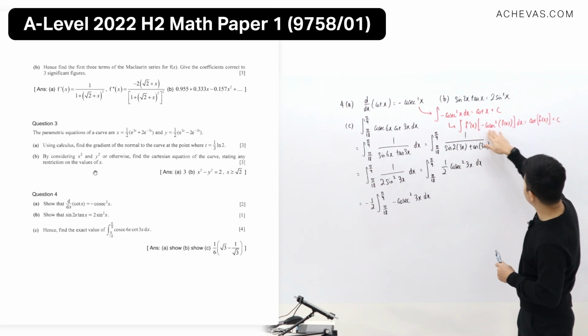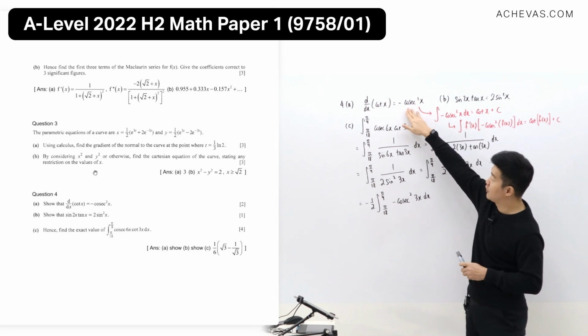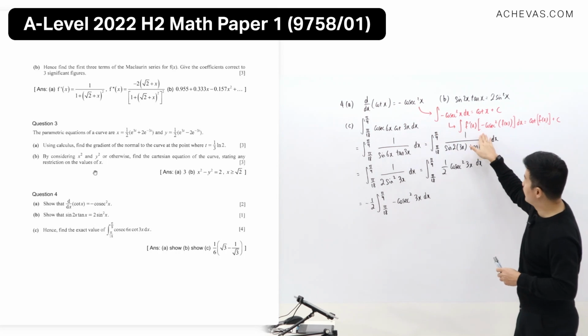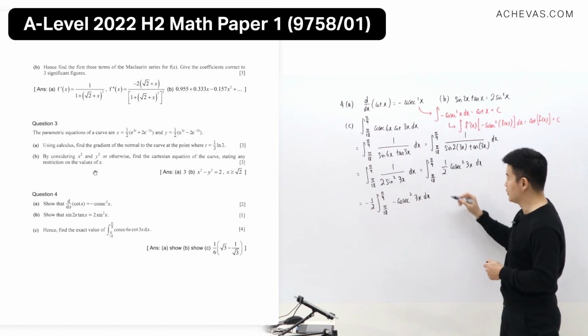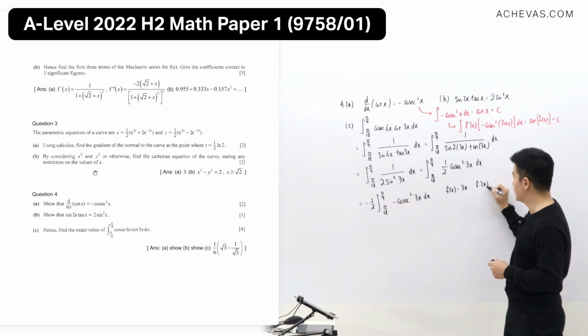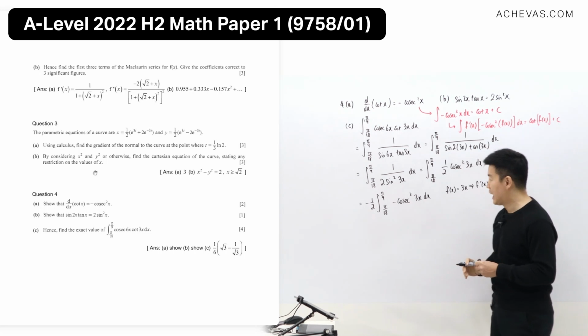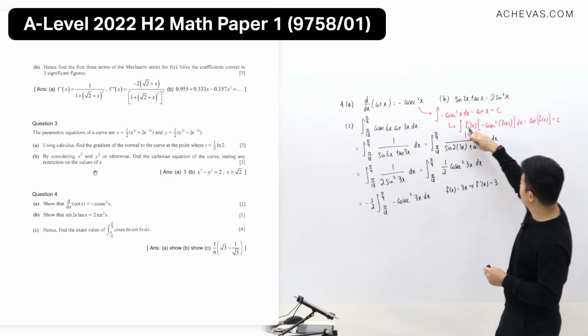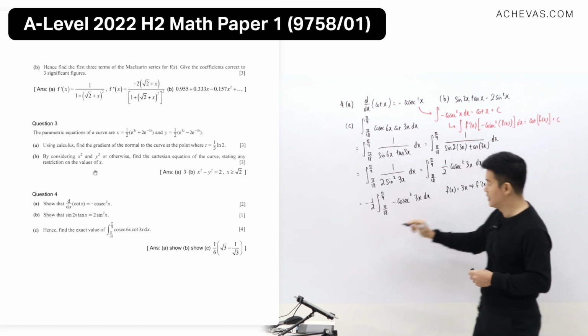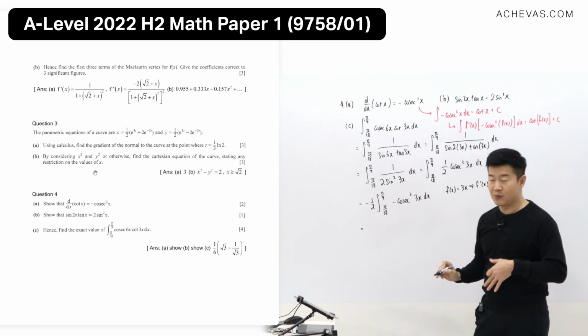Because now if I were to make use of this, which is derived from here then to here, what I'm going to do is I am going to try to see f x as 3x, which means that f prime x is going to be just simply 3. I need a 3 here in order for it to become something similar to this. So I'm going to divide by a 3 outside.